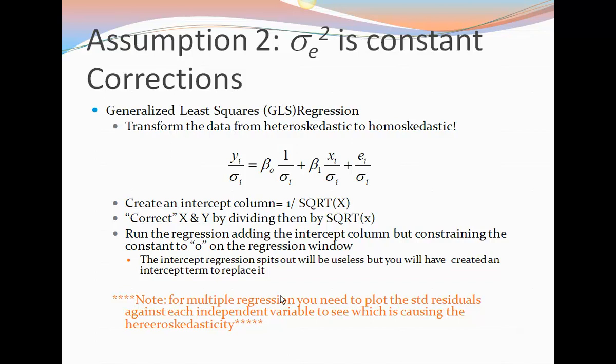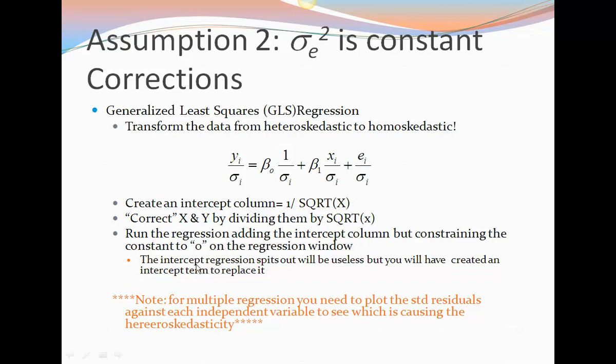So be really careful. You would have to divide all of your independent variables by 1 over the square root of the independent variable causing the problem, the one that you need to do the correction on. Then you would run the regression. In SPSS, you create this new column by creating a new variable.